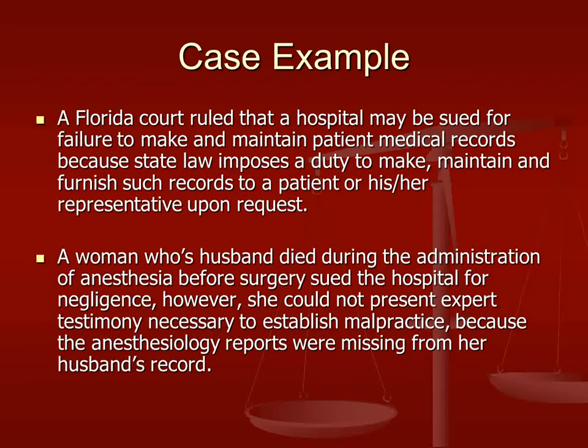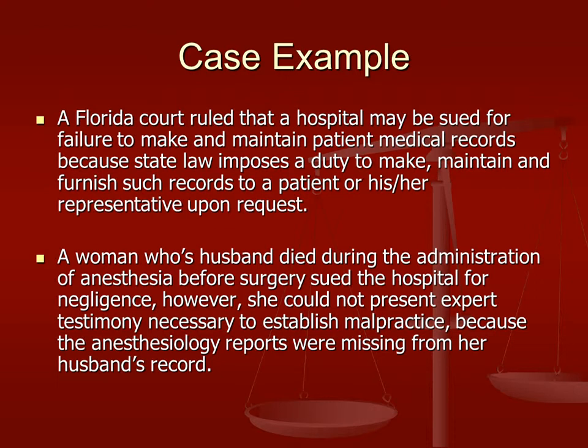There was a woman whose husband died during the administration of anesthesia before surgery. And so the woman sued the hospital for negligence or malpractice, basically. But she couldn't present a case, or her lawyers couldn't, to establish that there was actual malpractice because the anesthesiology reports were missing from her husband's record.